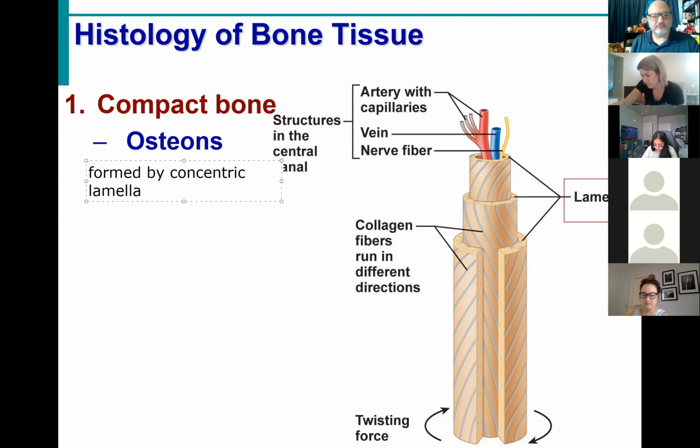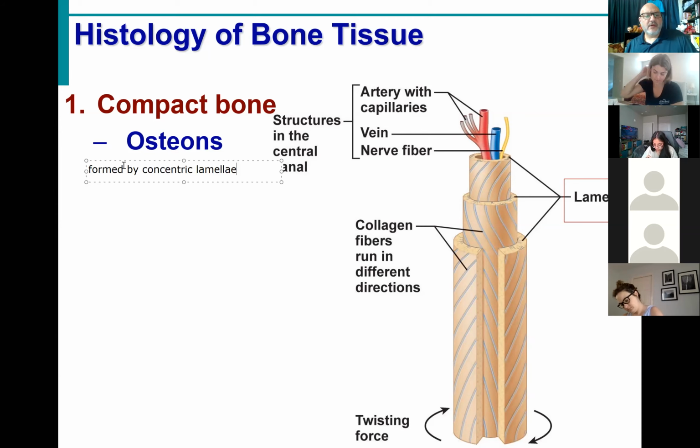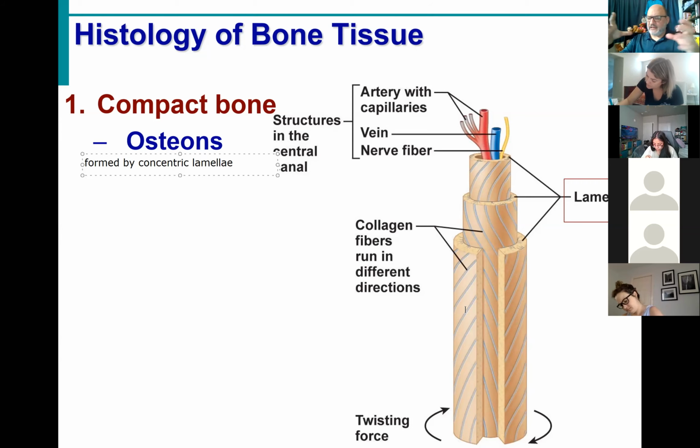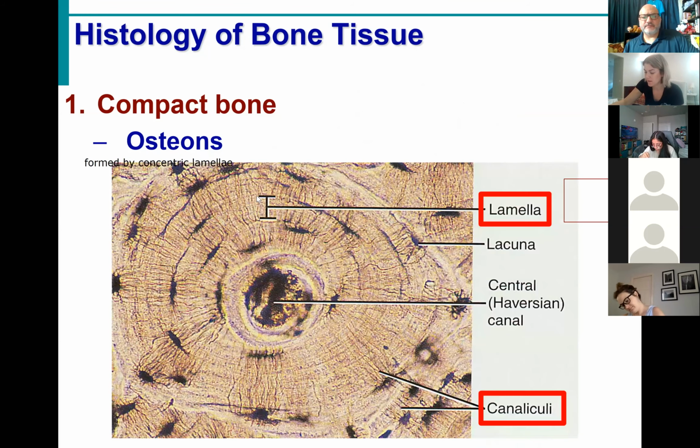So osteons are formed by concentric lamellae. So we see those concentric lamellae going around like concentric circles around the central canal and form our osteon. So that is how we make an osteon.